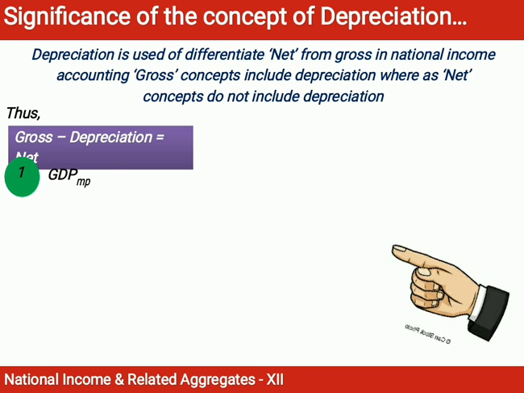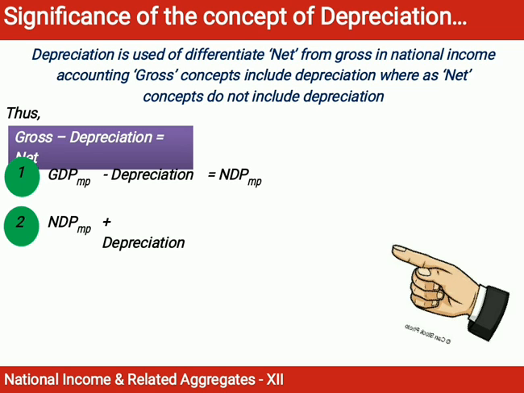In these examples, GDP MP minus depreciation equals NDP MP. Gross minus depreciation equals net. And second, NDP MP plus depreciation equals GDP MP. When we add net value plus depreciation, we get gross value GDP MP.